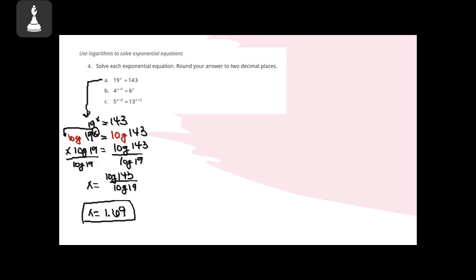All right, for B, we have 4 to the x plus 1 equals 6 to the x. So looking at this right now, again, 4 is 2 to a power, 6 is, there's no number that gets it to a power. So I'm going to log both sides. So I will log this side, and if I log the one side, I must log the other side.